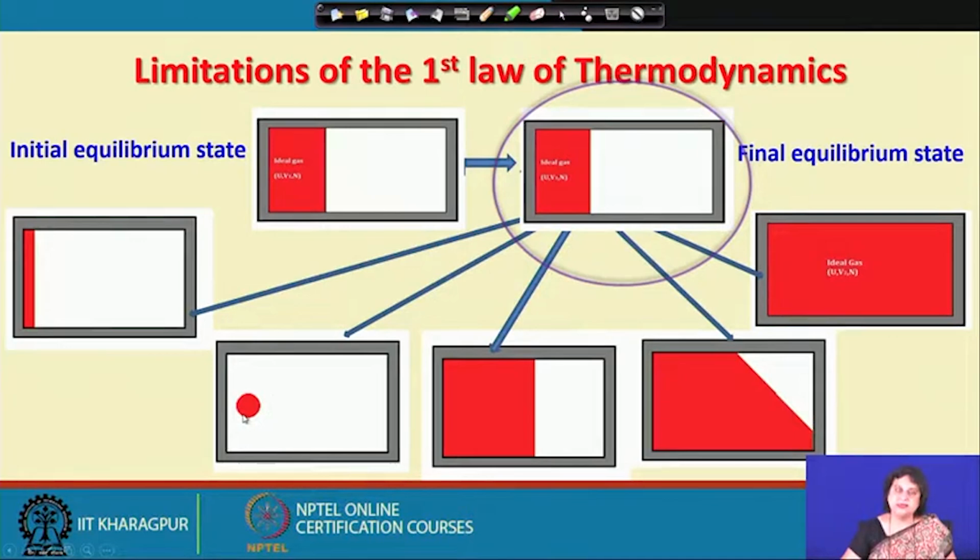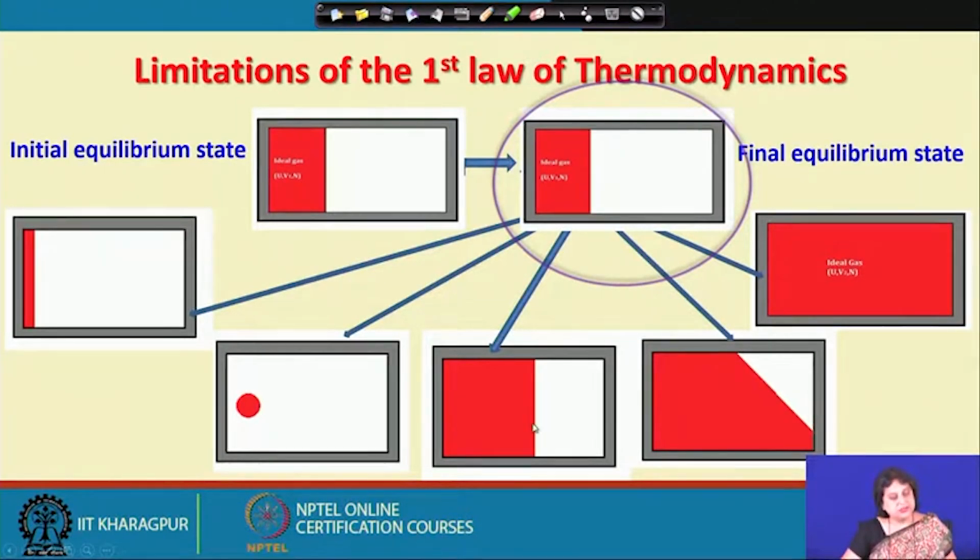Once again this is a compression of the gas, but obviously the final states as you see here and as you see here are different. In other words, there are possibilities that the gas may undergo expansion.